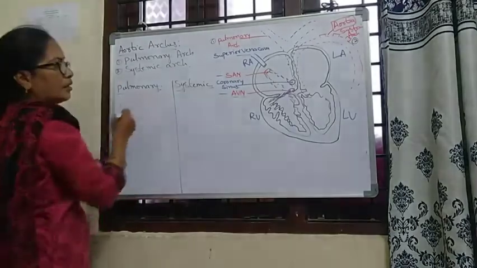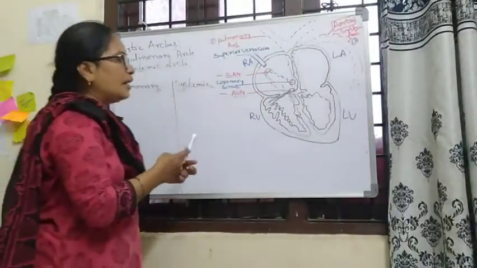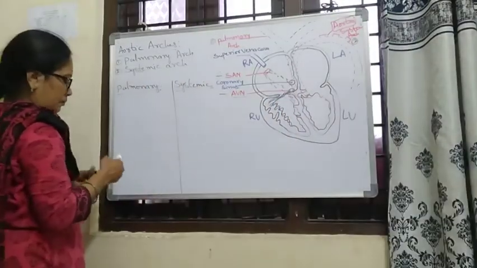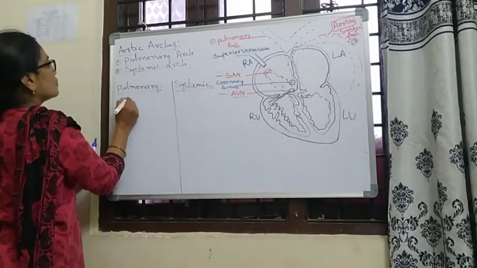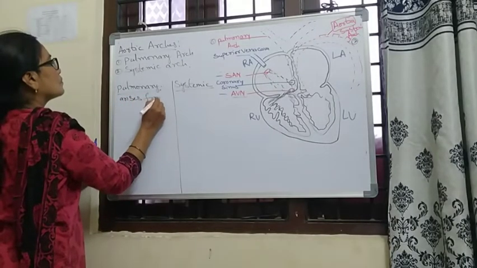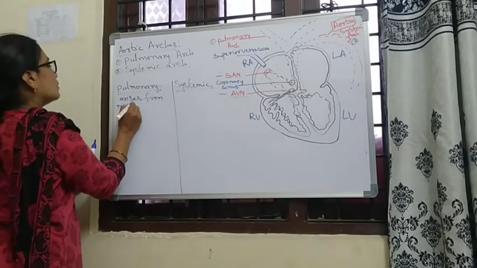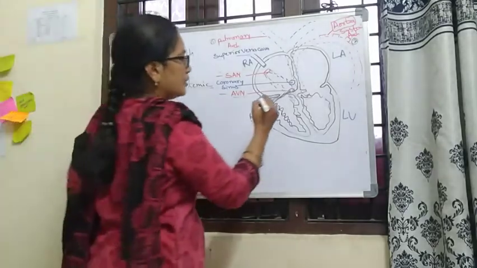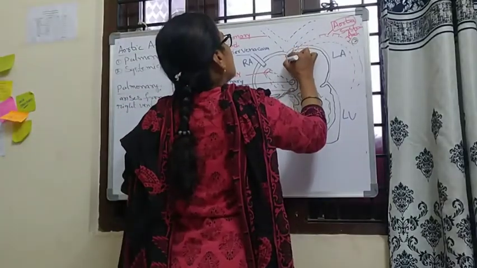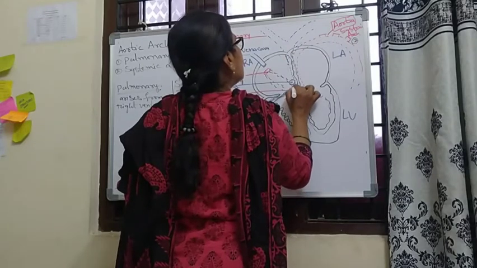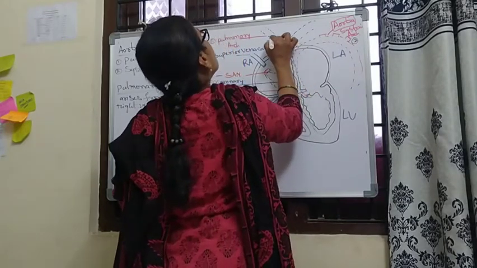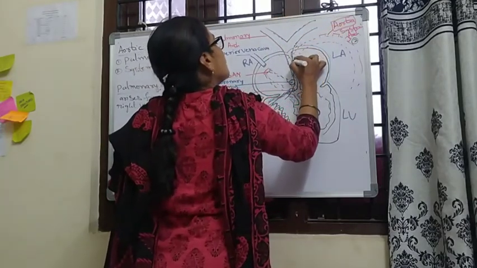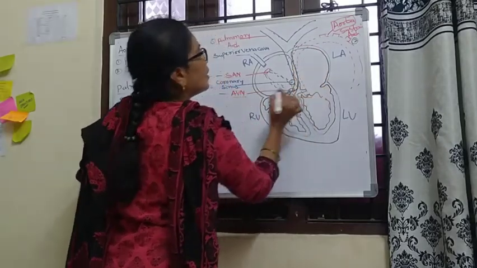The pulmonary arch arises from the right ventricle.